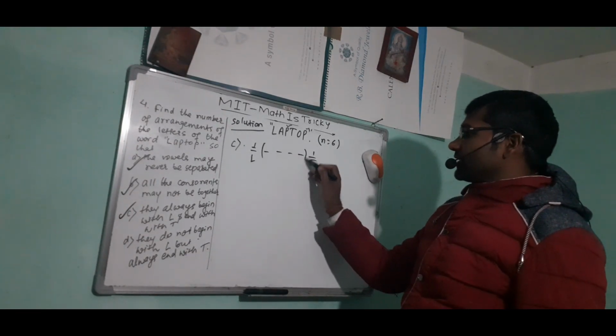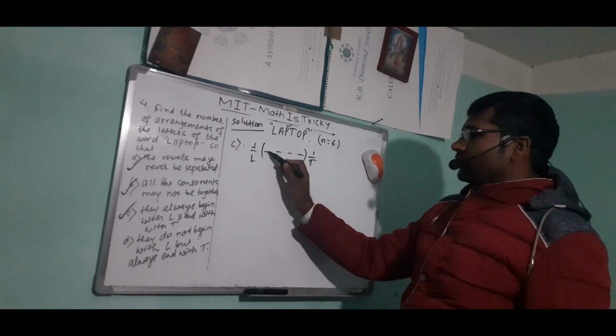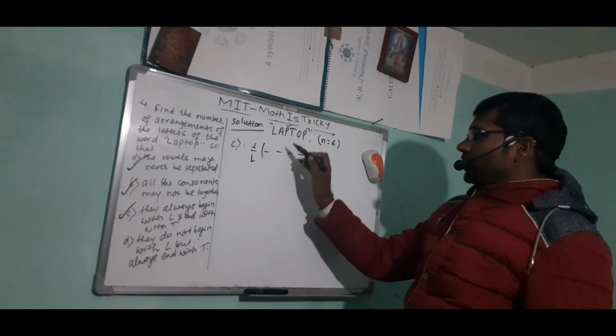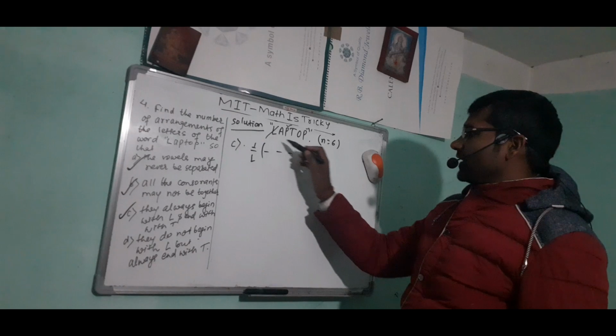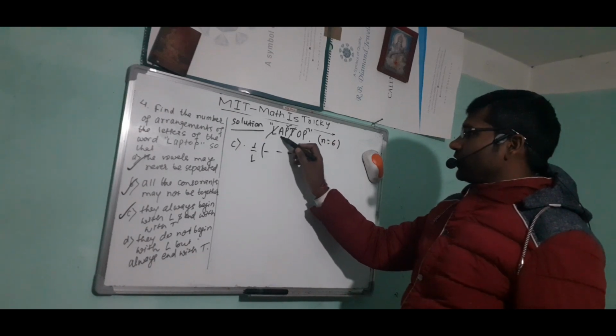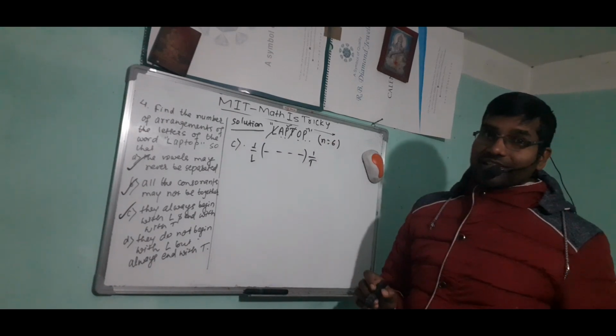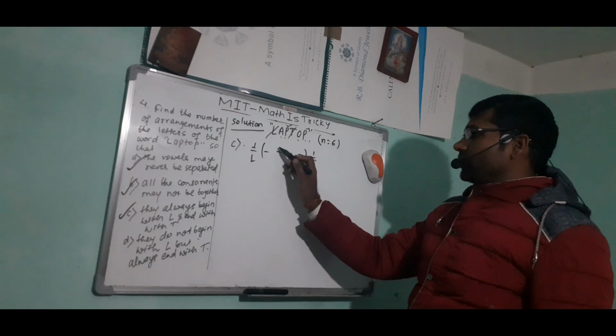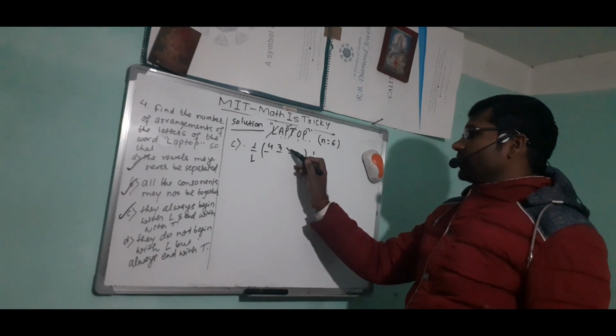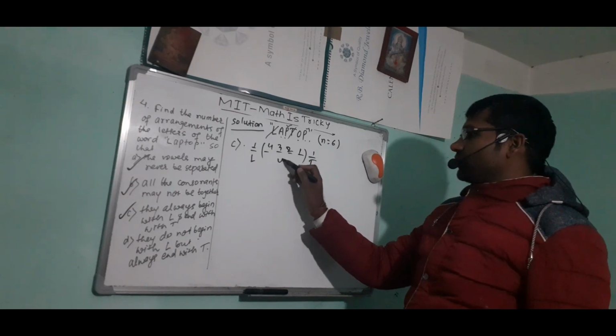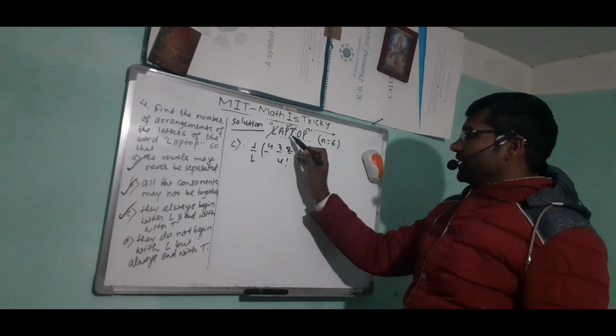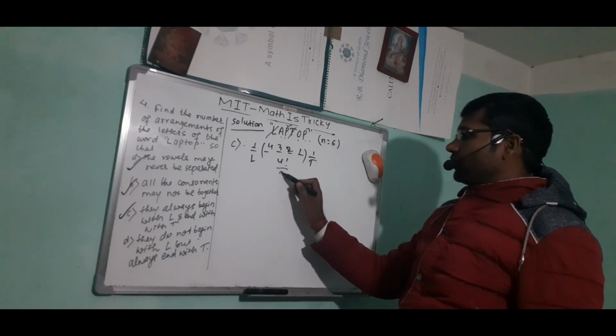Now see here how many places are vacant: 1, 2, 3, 4. We have already kept L and T. So 4 letters, 4 places. It can be done in 4 into 3 into 2 into 1, that means 4 factorial. But we can see 2 P's, so divide by 2 factorial.